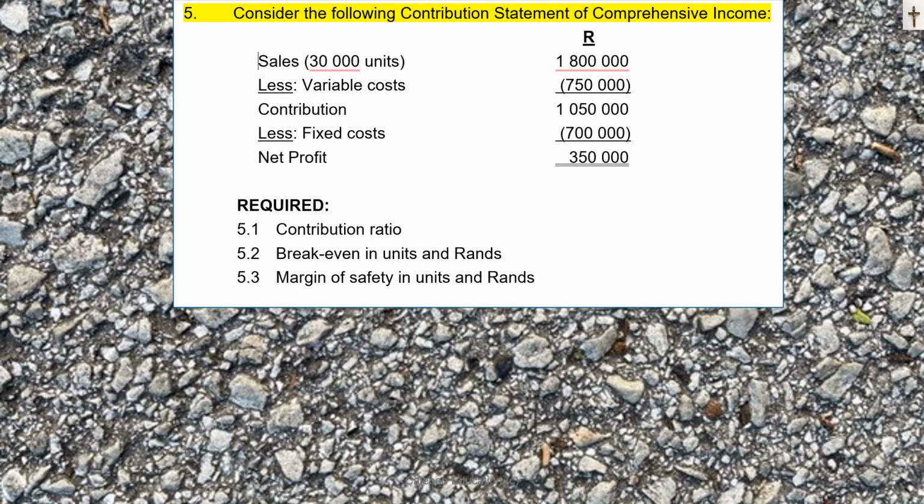5.3 says calculate the margin of safety in units, and once you've calculated the units, what is the rand value of the margin of safety?